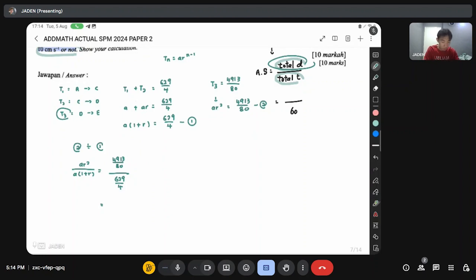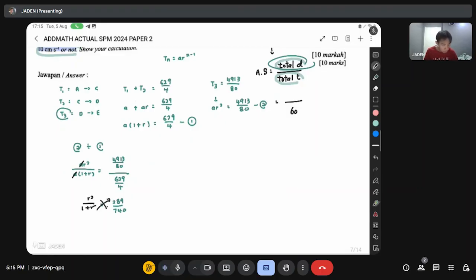You will end up with an answer. Hold on, let me just double check with my calculator. 4913 over 80 and then 629 over 4 gives 289 over 740. And then on your left hand side, the a and a can be cancelled, so you will only be left with r^2 over 1 plus r.